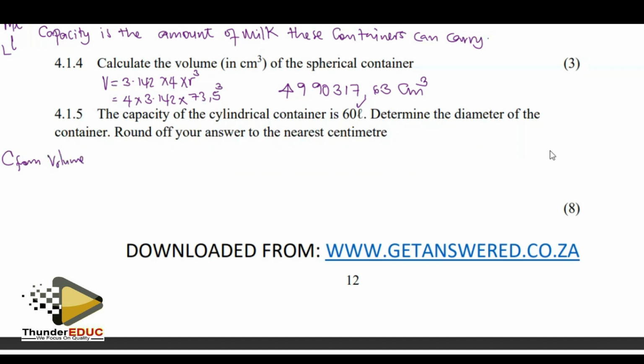So what we need to do is change this capacity back to volume, because now they have told us centimeters. So we are going to change the liters to centimeters cubed. You understand? Then from here, 1 liter equals 1,000 centimeters cubed. What about if you have 60 liters? What will it be?